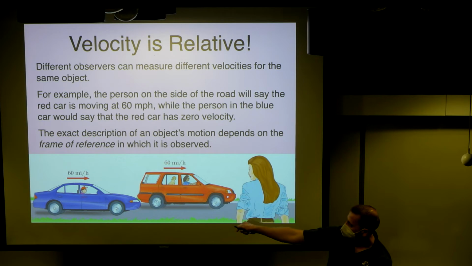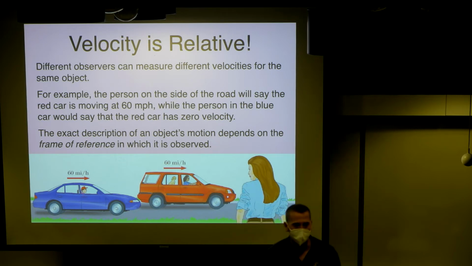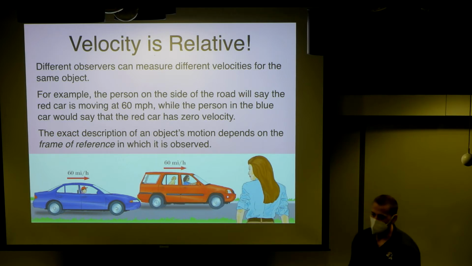But the blue car would say the red car is standing still, right? Because the distance between the blue car and the red car is not even changing at all, is it? The blue car and the red car maintain the same distance from each other. And quite literally, if this person took a speed gun and pointed it at the red car, it would register 0. So relative to the blue car, the red car has 0 velocity.